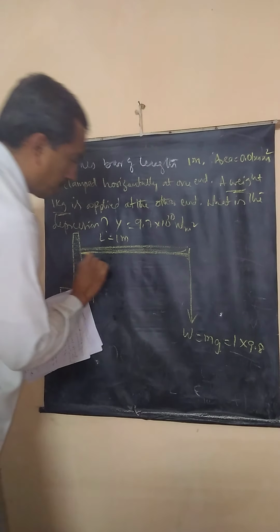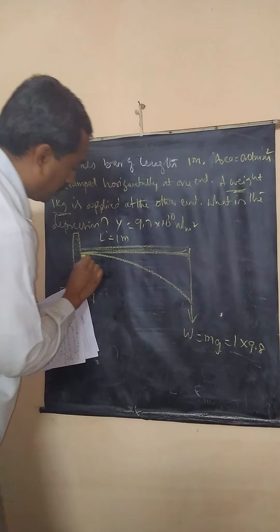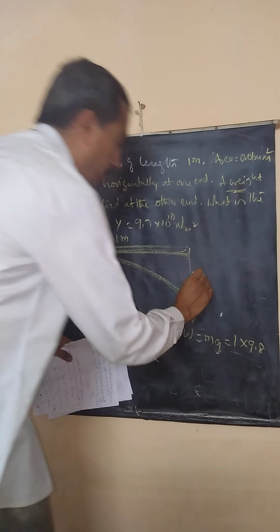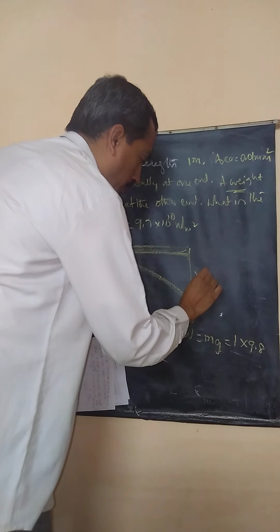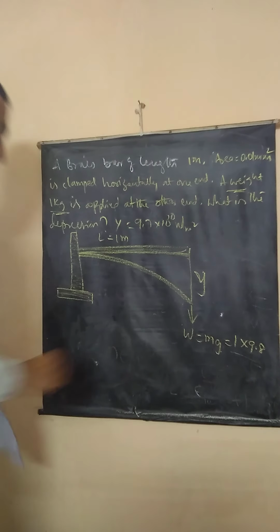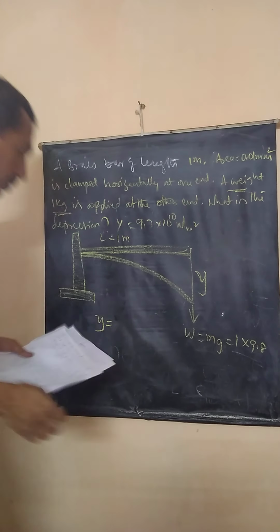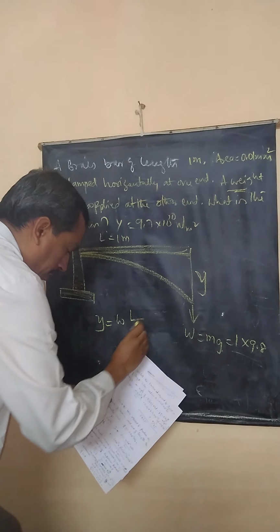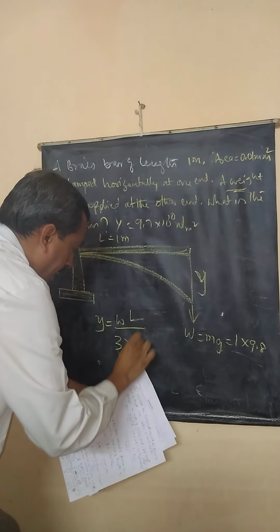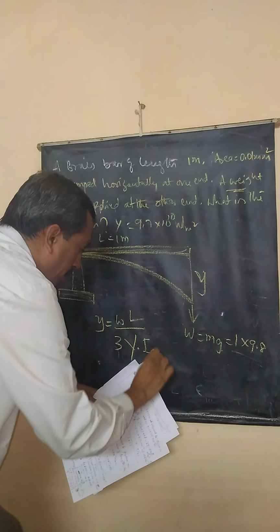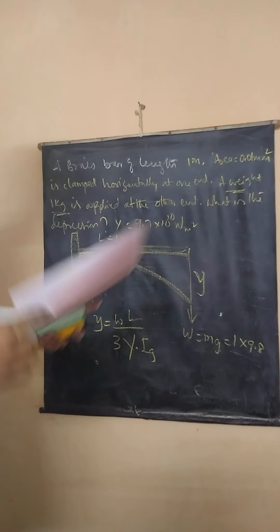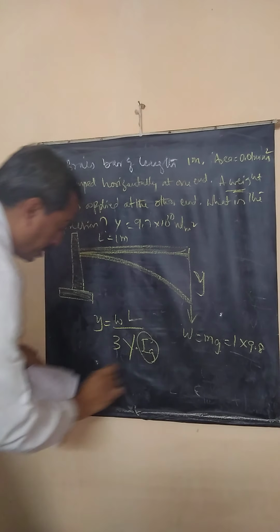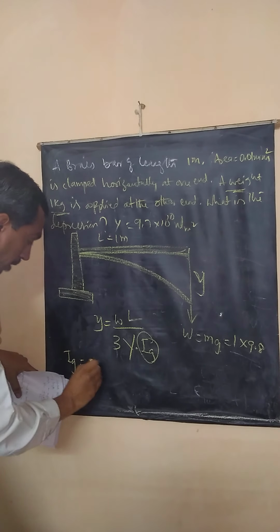Now it bends, so there will be bending moment. By using the concept of bending moment, we have to calculate depression y. We know depression y is equal to, we have the formula, weight into length cubed by 3 Young's modulus into geometrical moment of inertia. Correct? So now, geometrical moment of inertia, what is the formula?